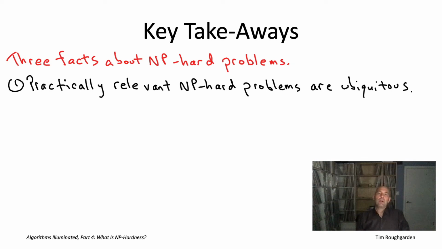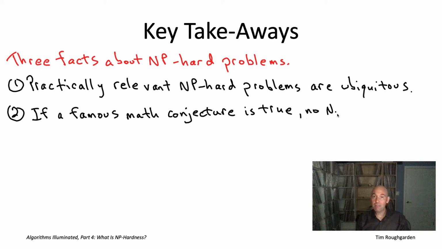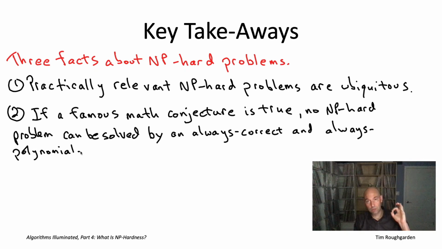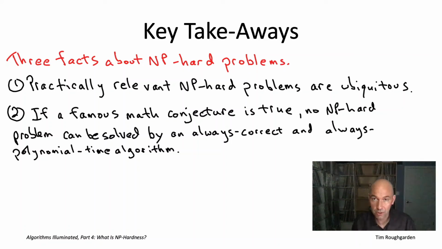It means that under a technically mathematically open but widely believed conjecture, the P not equal to NP conjecture, if that conjecture is true, then no NP-hard problem has any algorithm which is always guaranteed to be correct and always guaranteed to run in polynomial time, which is a big contrast to the problems that we've talked about in the previous books in this series.